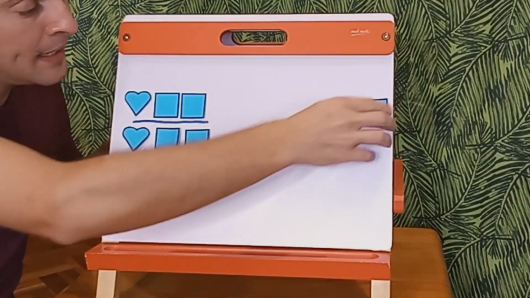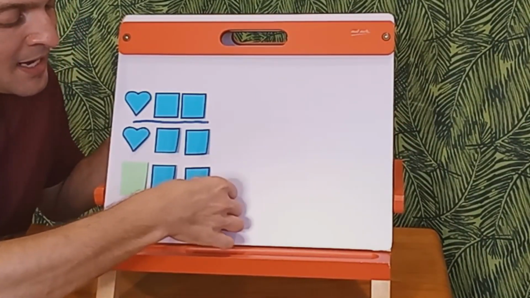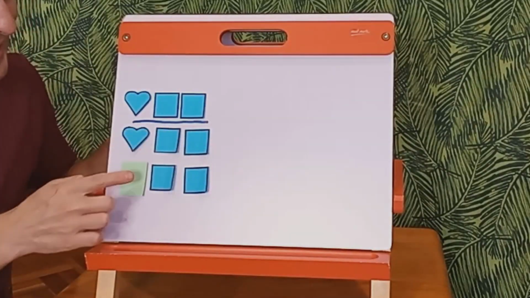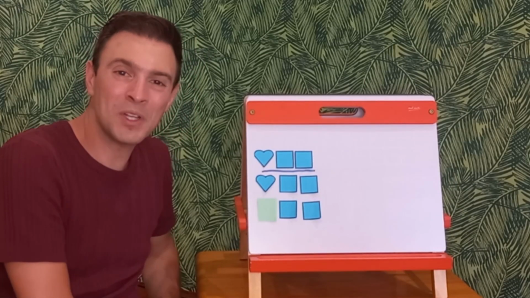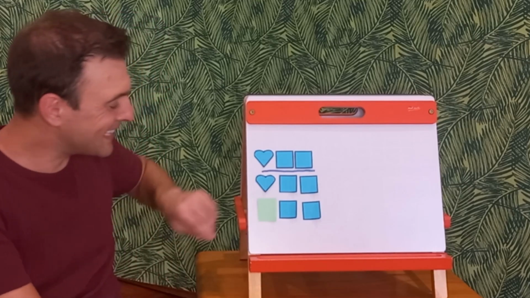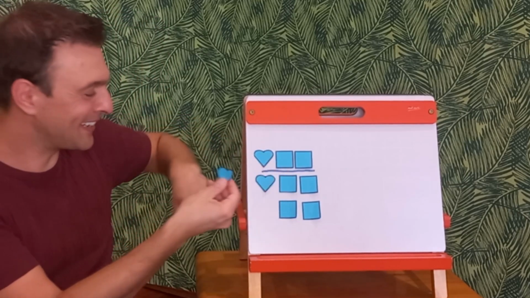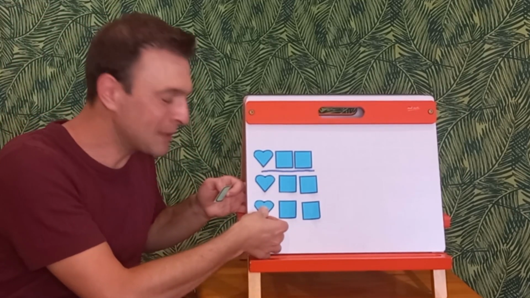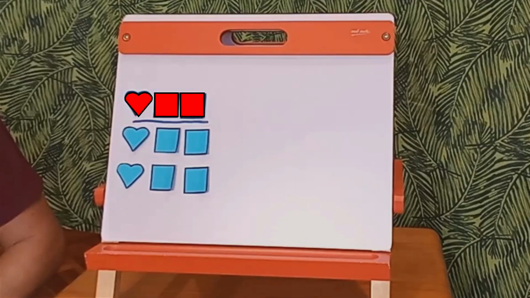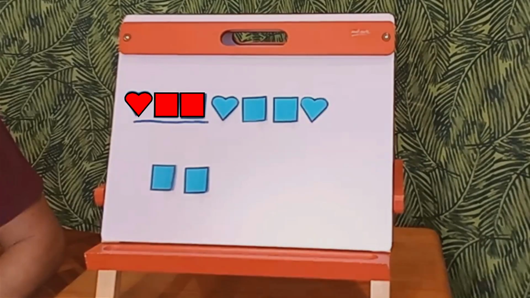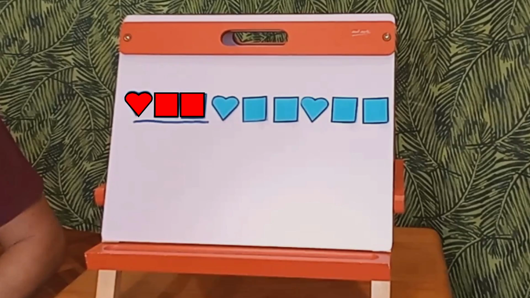This should make it even easier for us to see what belongs here. What's the missing part? It's the heart. Well done. Now let's put the pattern back together. Heart, square, square, heart, square, square, heart, square, square.